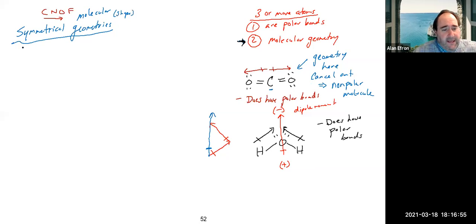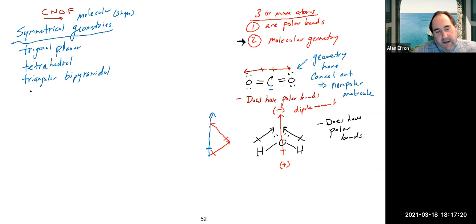These are things like trigonal planar. These are things like tetrahedral. These are things like trigonal bipyramidal. These are things like octahedral.